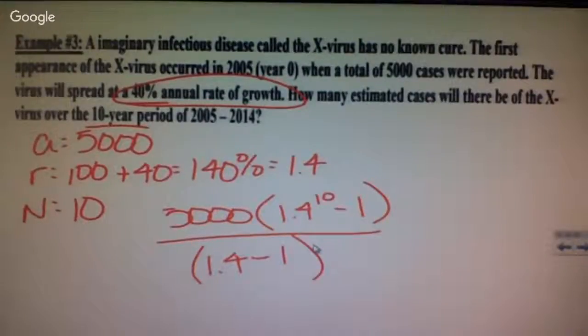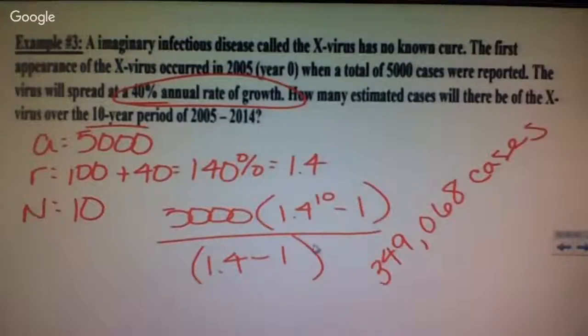You get 349,068.32. Okay. By 2014, we're going to have 349,000 people with this virus that can't be cured.